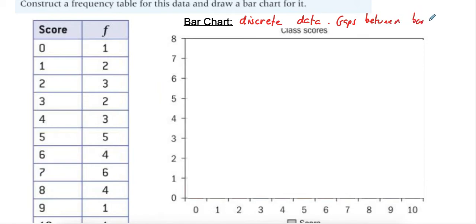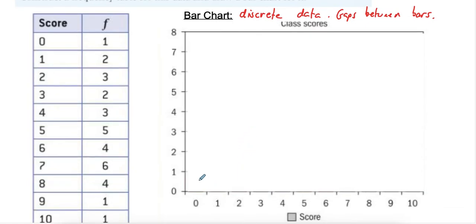Okay. And I'd like you to copy that onto your PDF or into your notes so that you've got a way of remembering it. Okay, so bar chart is for discrete data and you have gaps between the bars. The other thing is a classic mistake if you were asked to draw a bar chart: people will do it like this.